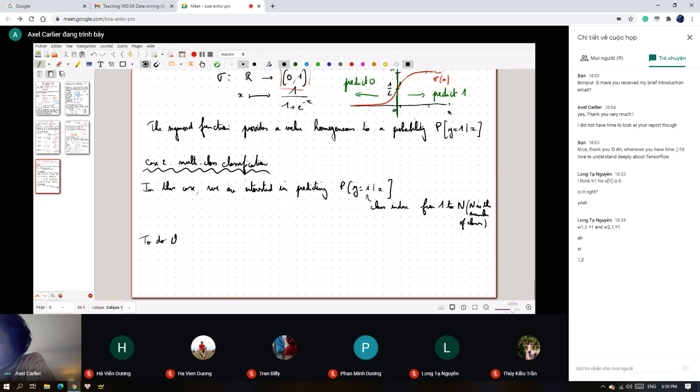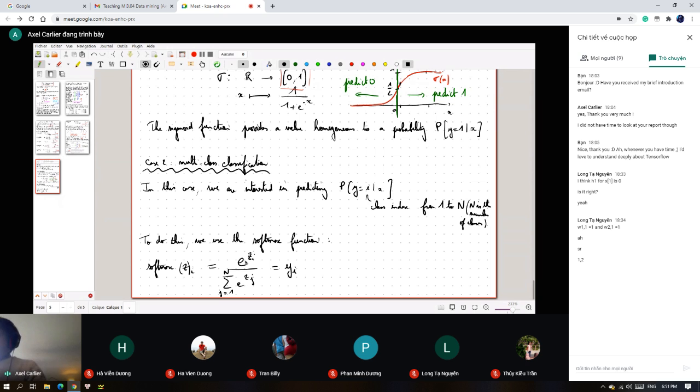We have softmax of z_i equals exponential of z_i divided by the sum of exponential of z_j for j equals 1 to n. And this is y_i.